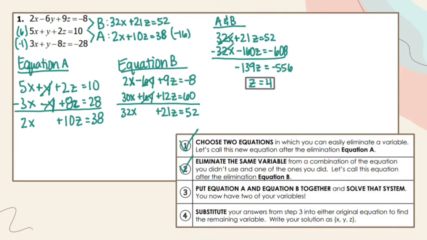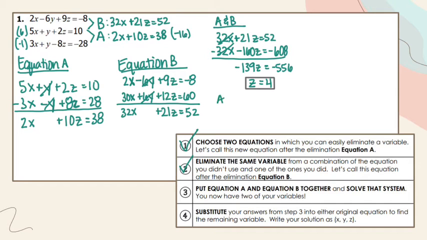So then to find x, we have to plug 4 into either A or B equation. So go back over here, and it looks like equation A has the smallest numbers in it, so that's how I'm choosing. It doesn't really matter, though. You can put it into either one.